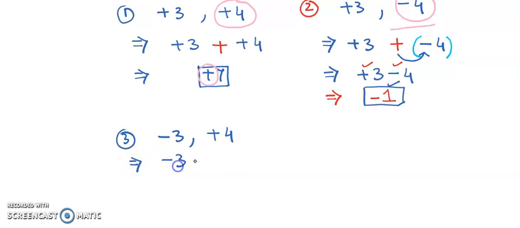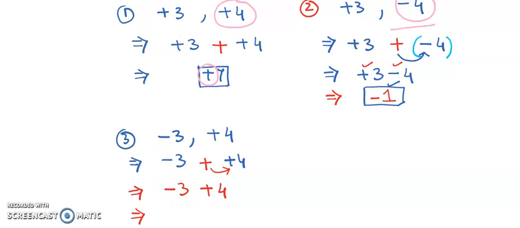So minus 3 plus 4, and we are adding them. The red mark shows what we are doing. Let us start the solution and end with the answer. So it will become minus 3, and plus and plus will become plus only. That you have to remember. Now let us add them.